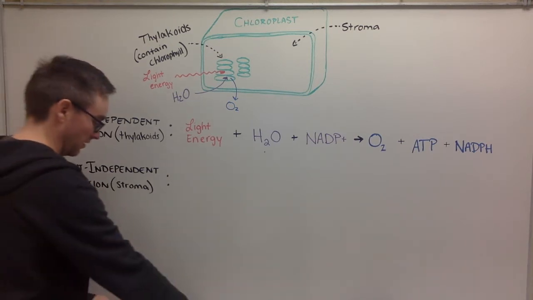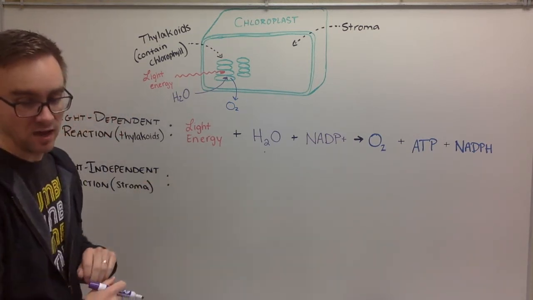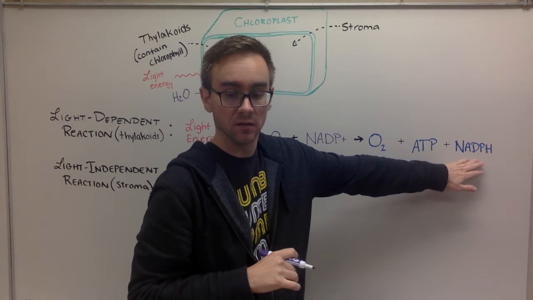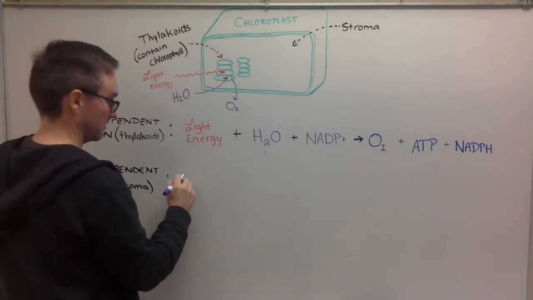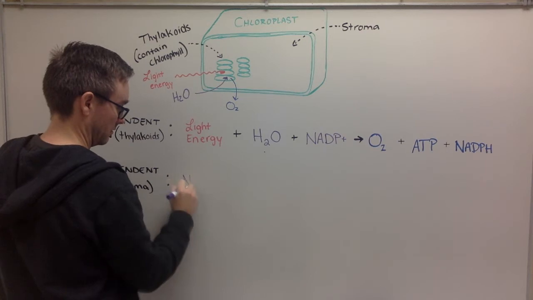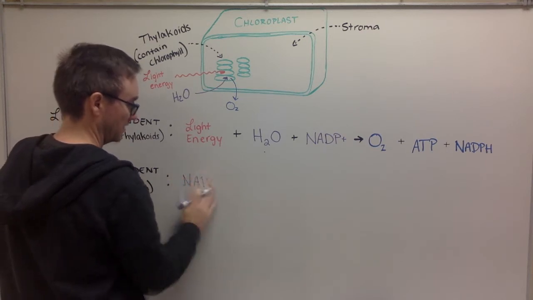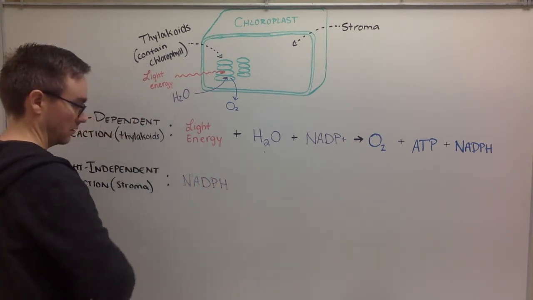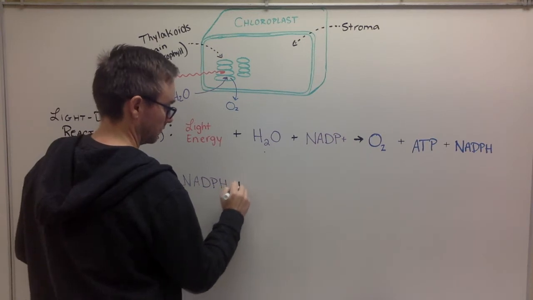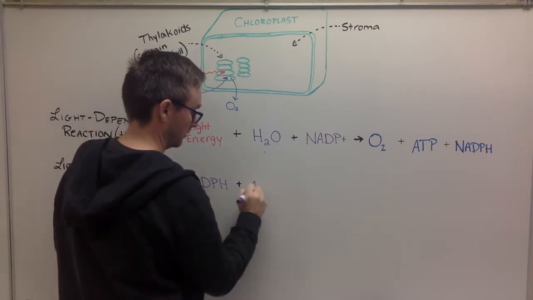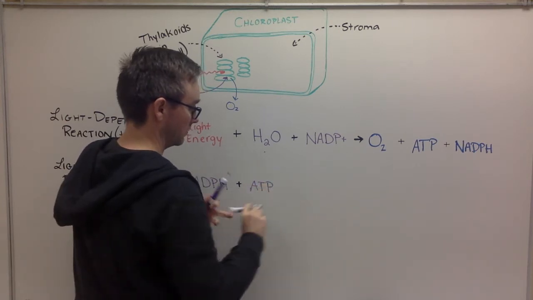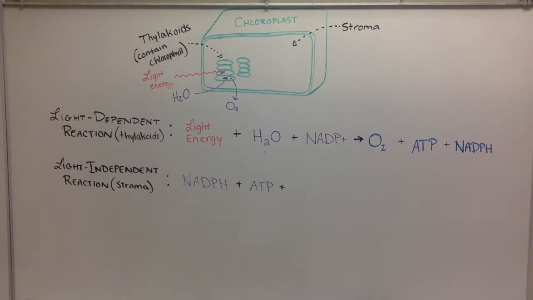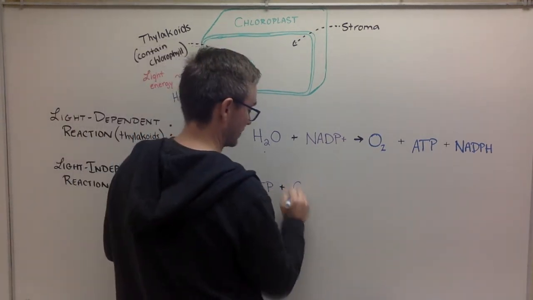In this reaction, we're going to take that ATP that we just made and that NADPH, plus that ATP, and we're also going to add to it this time our carbon dioxide.